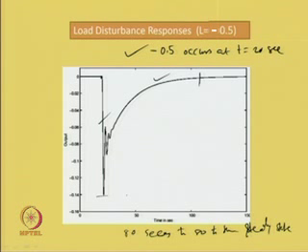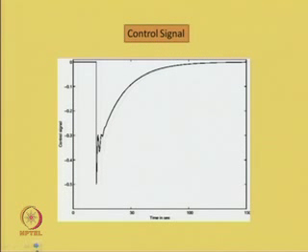So, this is the type of load disturbance response we get from the closed loop system in the absence of measurement noise. What type of control signal we get? We get a control signal of this form. What information we get from here? It shows that much control effort or energy is spent to give closed loop performance of the system.